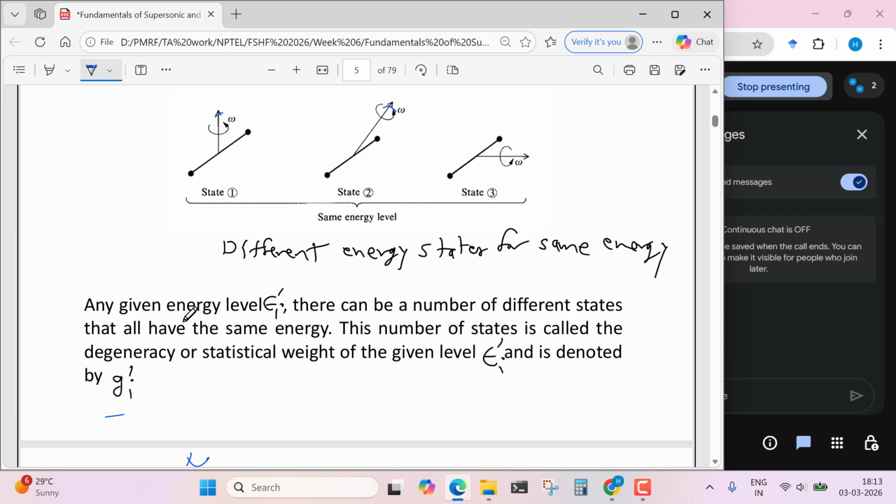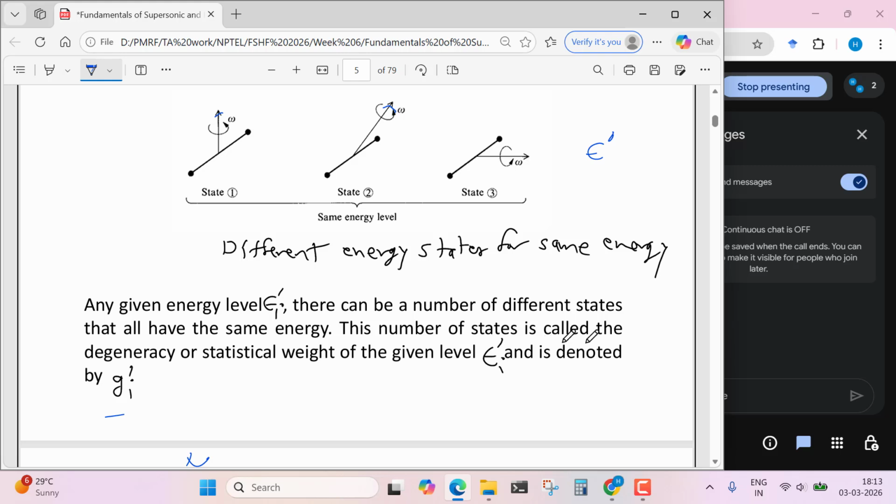So for any given energy level epsilon i dash, there can be a number of different states. This is for, let's say, some given energy epsilon i dash. So there can be a different number of states that all have the same energy.